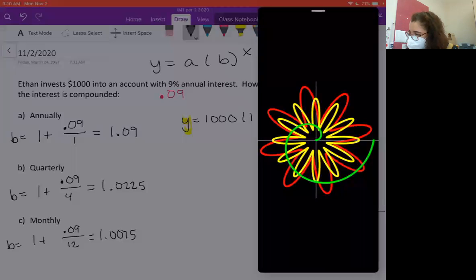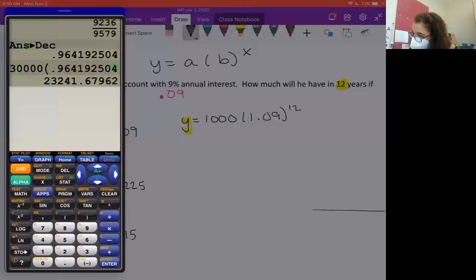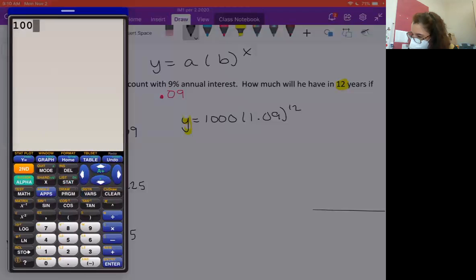So I would take my calculator over here and I would type in 1,000 parentheses 1.09. Raise that to the 12th power. It is best if you just type the whole thing into your calculator all in one line. I saw people on Friday that were trying to multiply these two together.